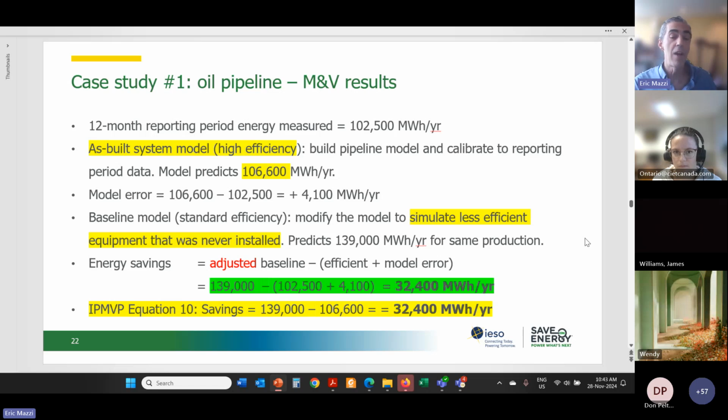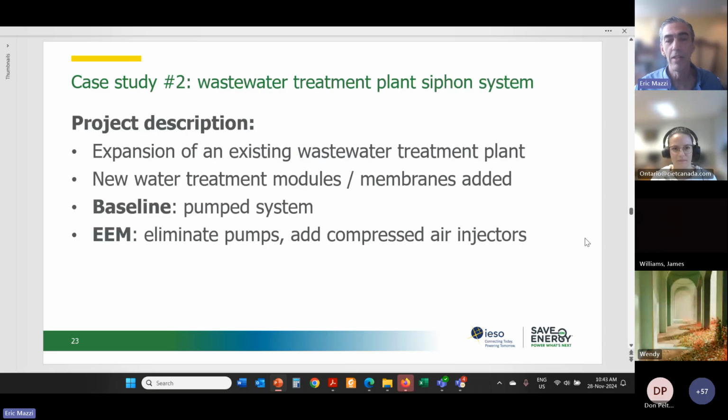And then you just have to trust, because we have no choice, that the model of the hypothetical baseline is accurate as it would have been if the facility had been built or the system had been built. Yeah. So that is a really key concept and a really critical task in option D.